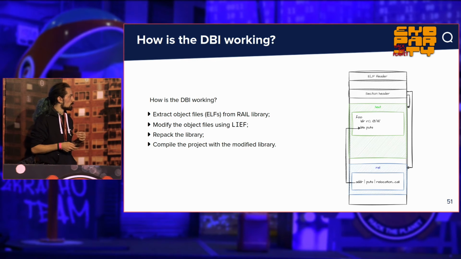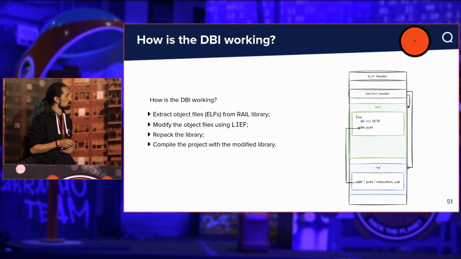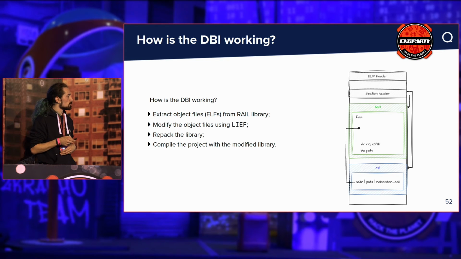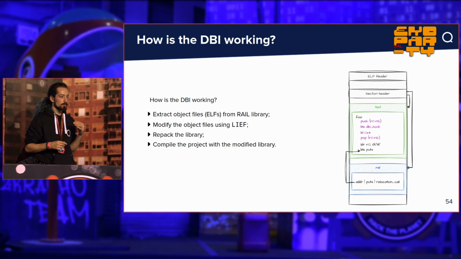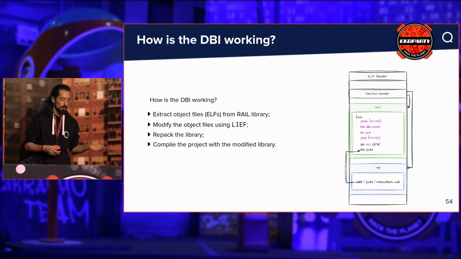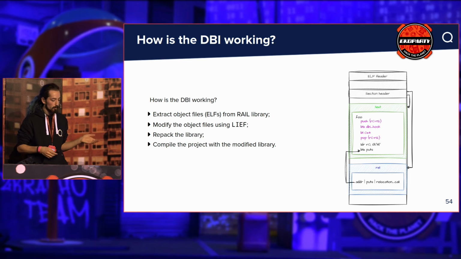So let's say we want to inject some code inside foo. The first thing to do is to make some space for it. Then we need to move all the existing relocations to point to the correct place. Then we add some code in purple that will first save the current context of the function, so we push all the registers on the stack. Then we call a function named dbi hook, which prints the name of the executed function on serial.